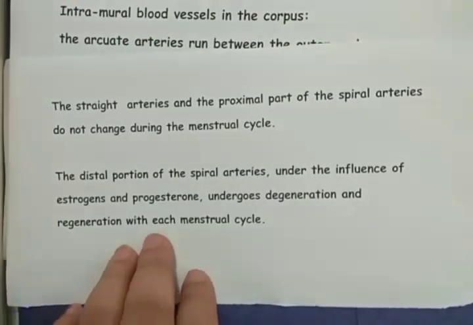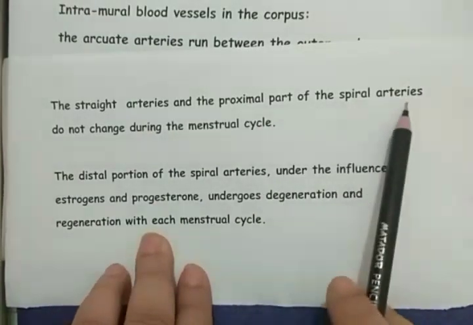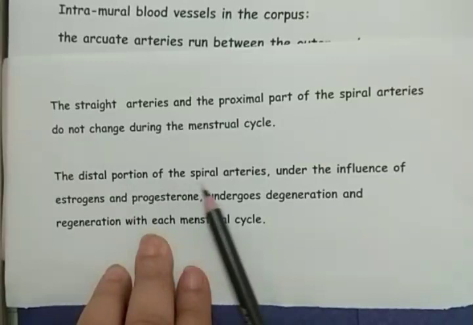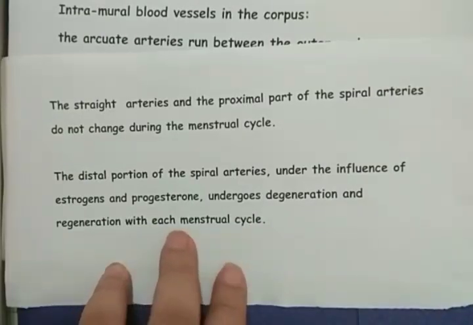One of the important points regarding the uterine artery: the straight artery and proximal part of the spiral artery do not change during the menstrual cycle, and the distal portion of the spiral artery, under the influence of estrogen and progesterone, undergoes degeneration and regeneration with each menstrual cycle.